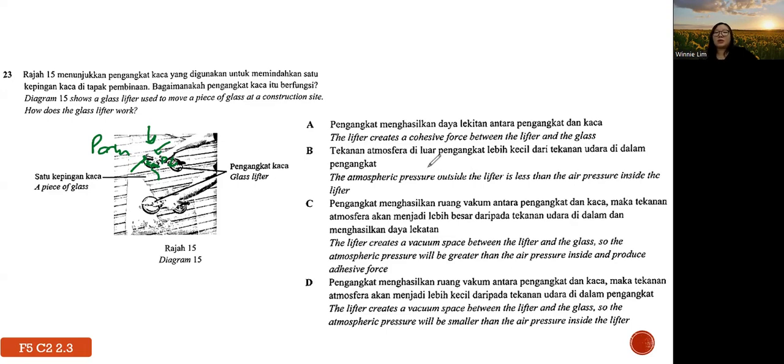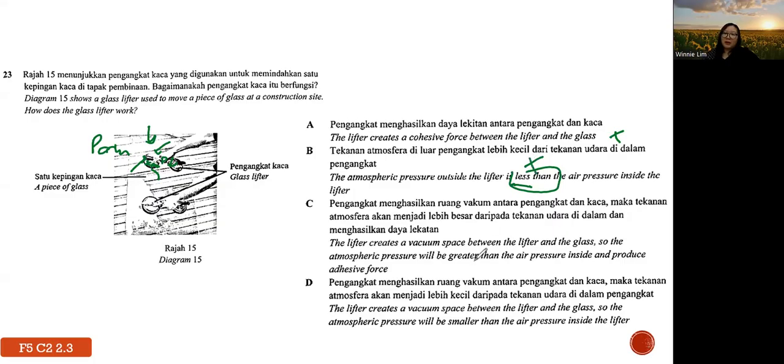Okay, so let's see the options. The lifter created a cohesive force between the lifter and the glass. They didn't mention the air pressure idea, so this is still not the good answer yet. Next, the atmospheric pressure outside is less than. Cannot, right? Just now I explained already, it should be more than.